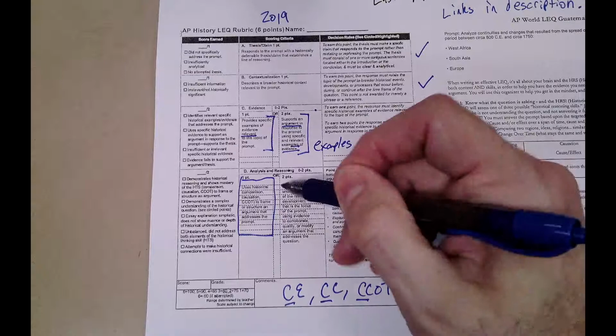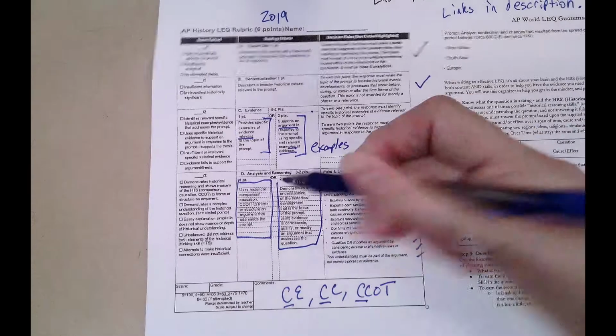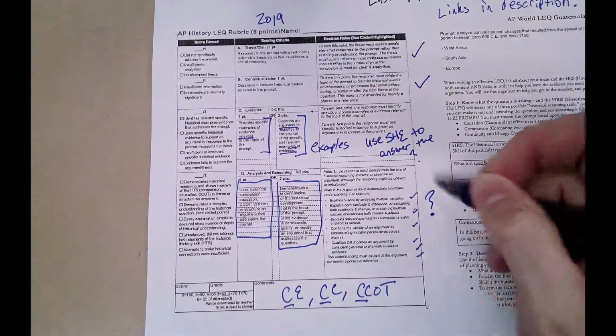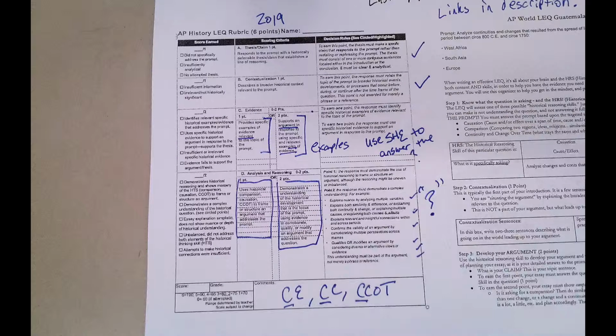This second point is, like I always call, the mystery point. It's like the seventh point on the DBQ. And it's the going above and beyond what is asked of you and writing a really good essay.